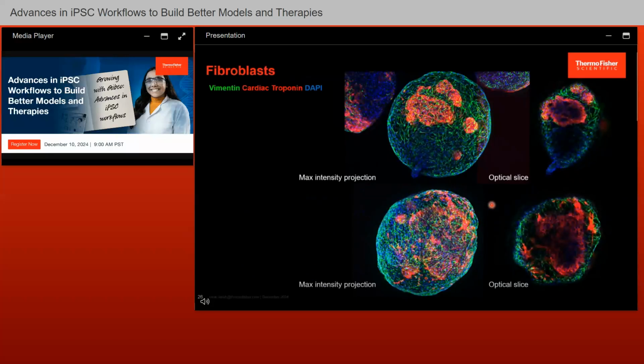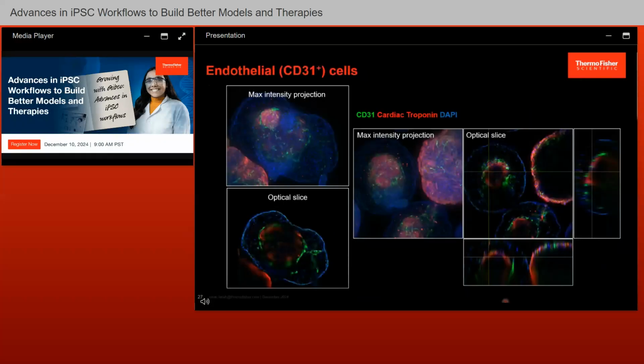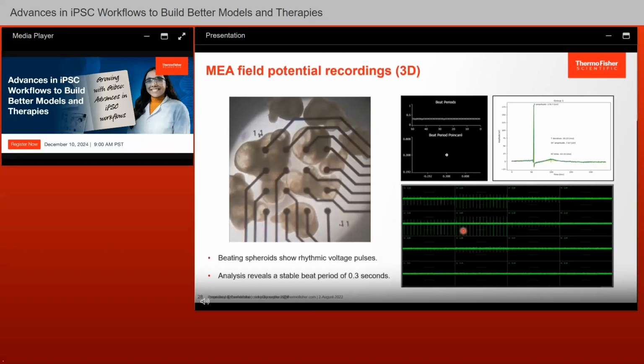But we also can detect vimentin positive fibroblasts, as well as CD31 endothelial cells that are shown to be present in close proximity and sometimes even surrounding those cardiomyocytes as well.